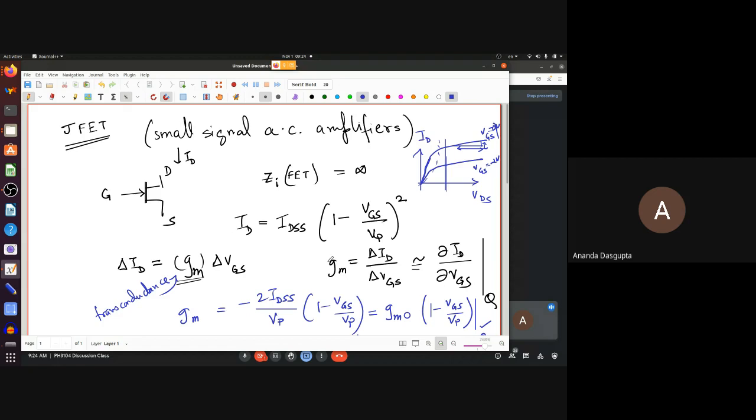However, this equation is not exact, so there is an additional dependence on VDS, which is very slight. So is RD big or small? What is RD? RD is basically delta VDS by delta ID, right? Is that big or small?